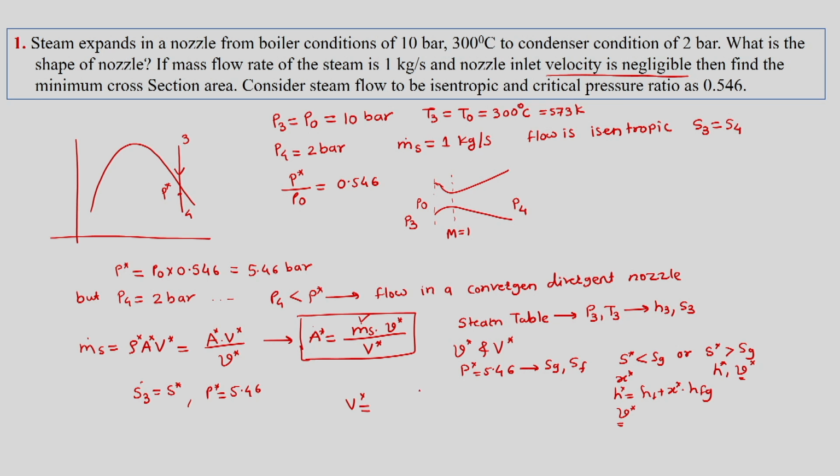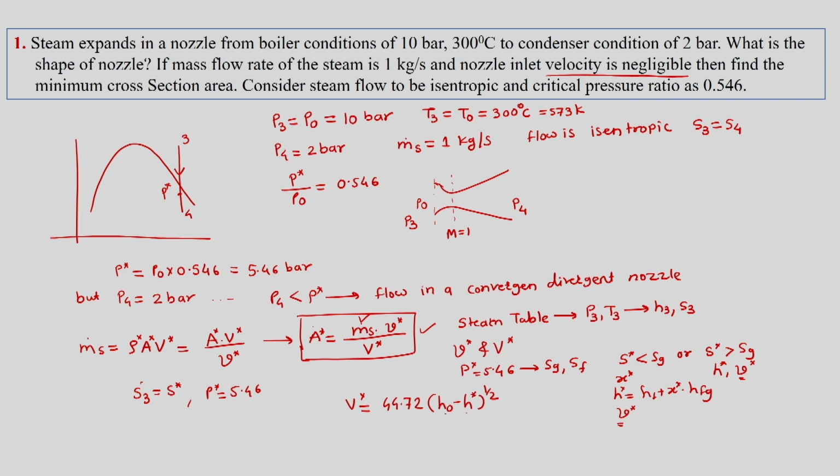V star we can find out using the formula 44.72 into square root of H naught minus H star. We know H star by any means, that we will put over here. We know H naught, basically H naught is equal to H3, that is also known to us, and then we can know V star. Knowing the V star and the specific volume, we can put everything in this formula and find out what is the minimum cross section.